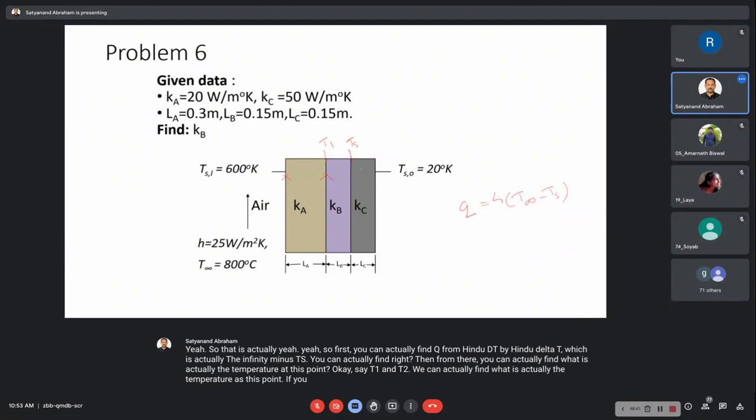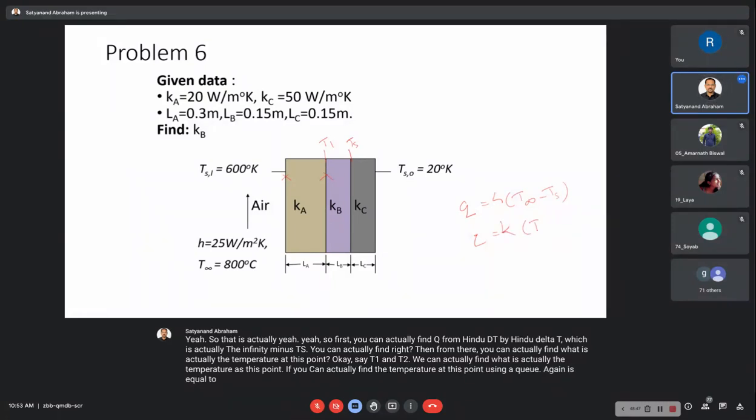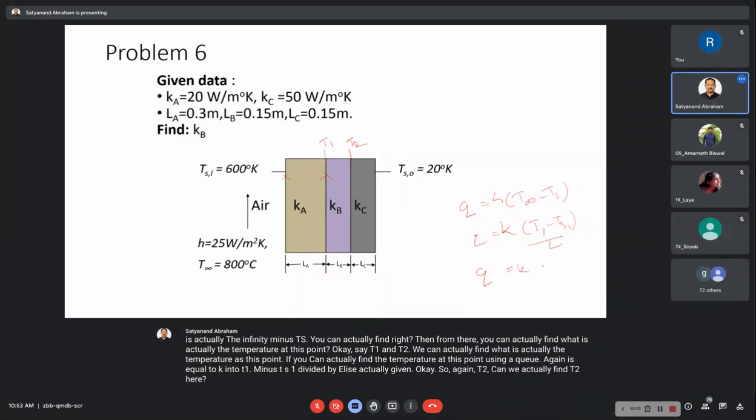We can find the temperature at this point using Q equal to K into T1 minus Ts1 divided by L, which is given. Again, can we find T2 here? K into T2 minus T1 divided by La, so Ka, Kb into Lb.